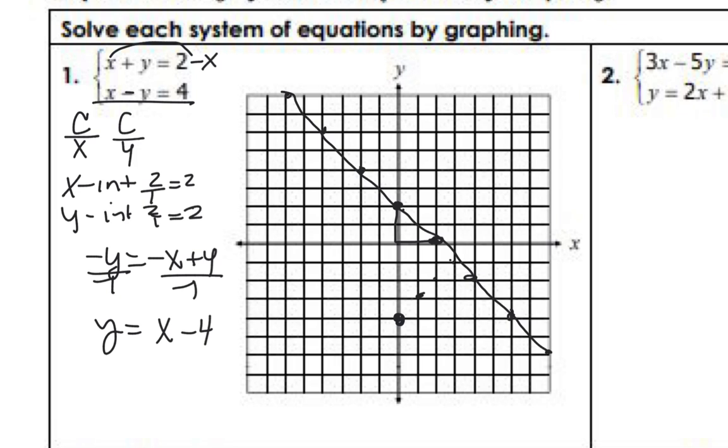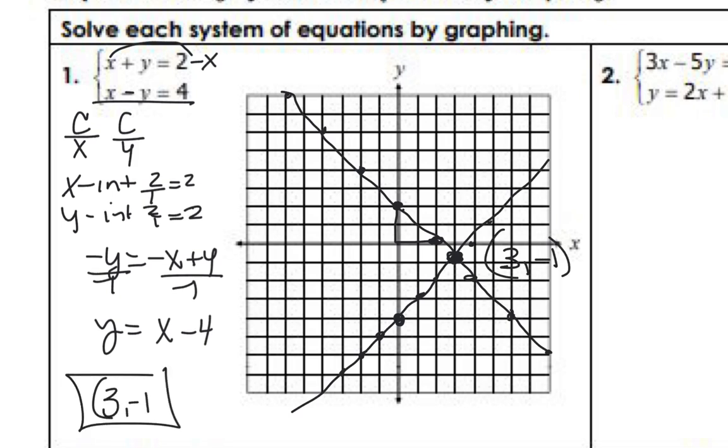So we would continue going up that way, or the opposite, and graph our line. And we can see that they intersect at the point 3, -1. So 3, -1 would be our solution.